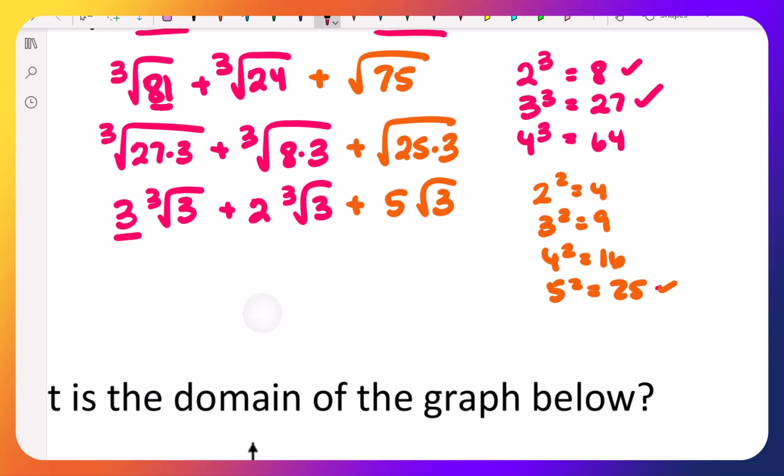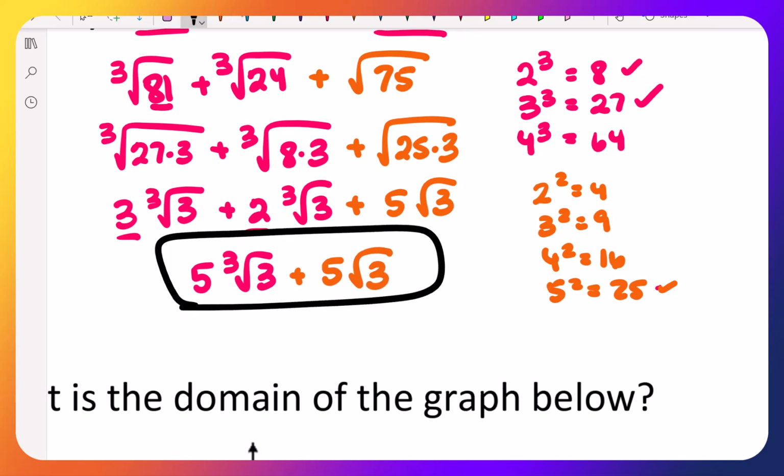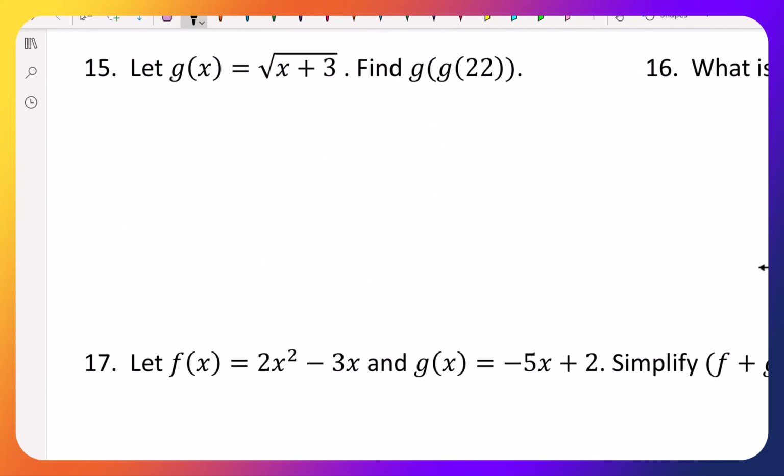But I can now combine these two together. The reason why I can add them is because they're both cube roots and they're both the same radical. So it's both the cube root of 3. So I have a total of 5 cube roots of 3. And then I'm kind of out of luck over here, so I'm just going to leave it 5 square root of 3. Final answer.